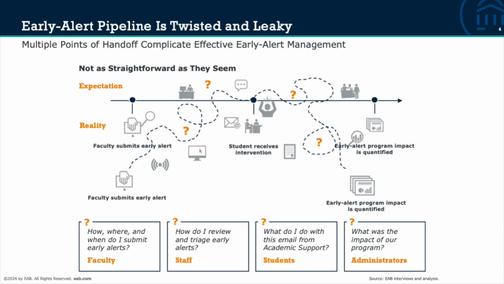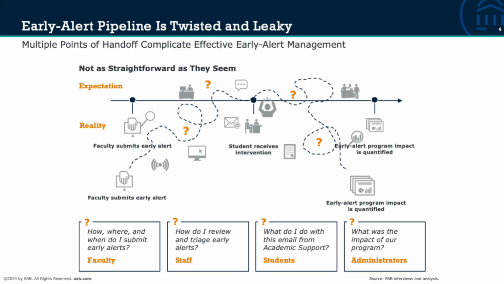right? Faculty still submits the alert. Lots of stuff happens in the interim. And then maybe we quantify the alert. So there's lots of handoffs. There's also lots of questions along the way. So faculty sometimes ask, where do I send an alert? Why am I submitting it? Who are these batch of students that are on this list?